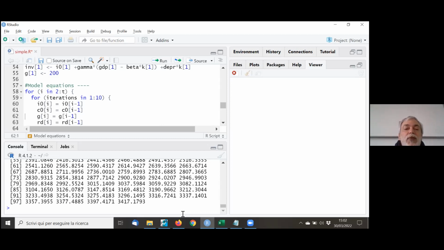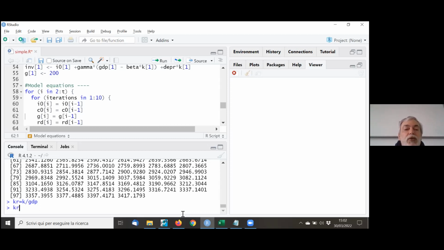So can we plot a ratio? Let's define a new variable KR for the ratio of K to G. So I guess I could write something like this, can't I? Okay, so let's look at KR. So I can plot KR.